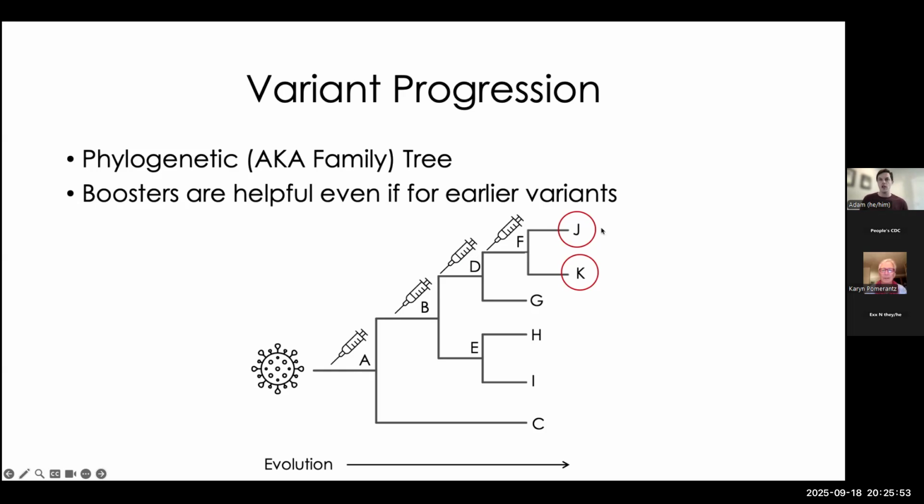And so when booster shots are coming out and they're designed for a variant that is no longer the major variant that's circulating, maybe it's not circulating at all, the current variants that are circulating, you have a pretty good bet that they are going to be descendants of the variant that inspired the booster shot, which means those booster shots are still going to be a fantastic tool for priming your immune system to make antibodies that are closer and closer to the variants that you're exposed to.